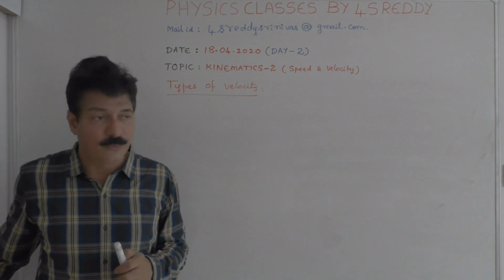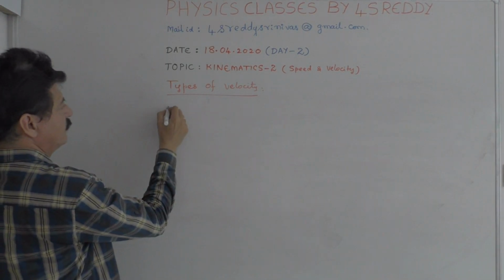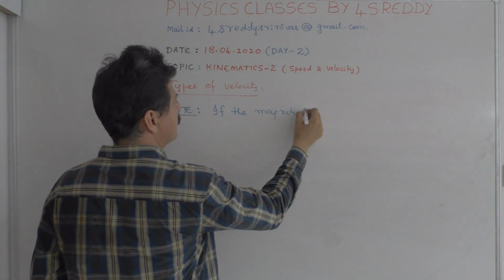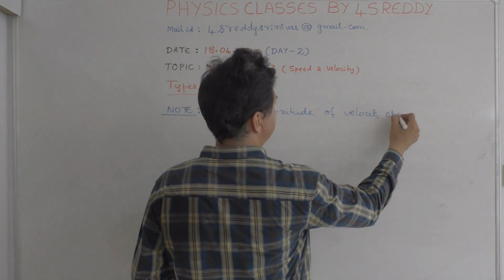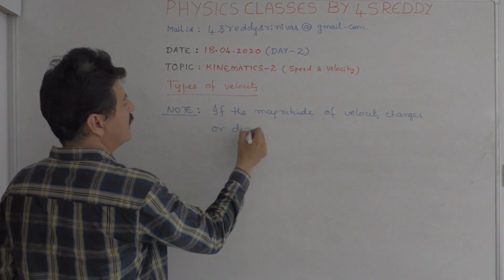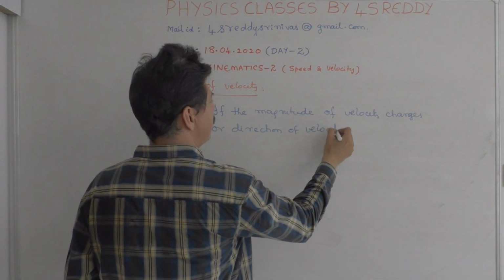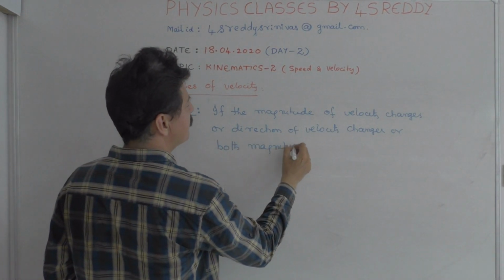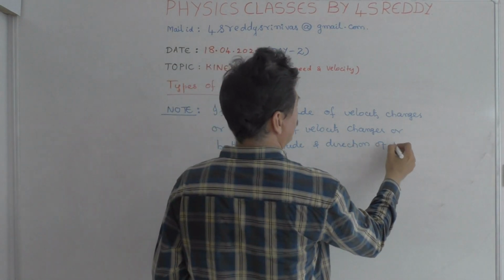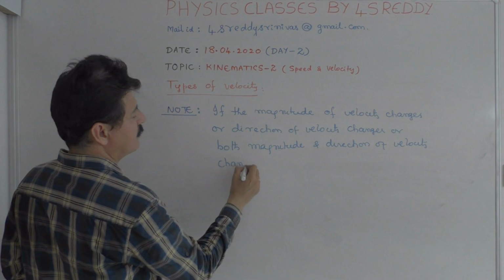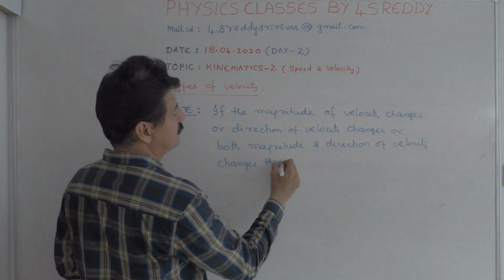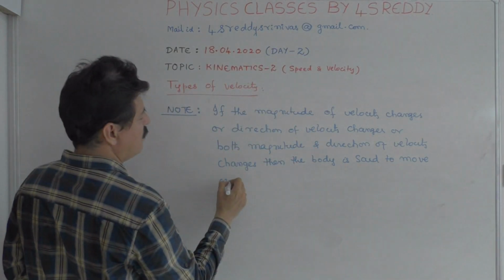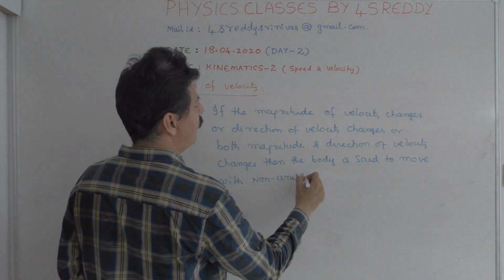The key point is, if the magnitude of velocity changes, or direction of velocity changes, or both magnitude and direction of velocity change, then the body is said to move with non-uniform velocity.